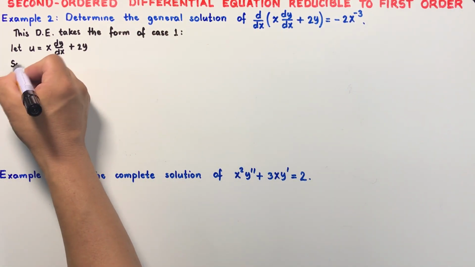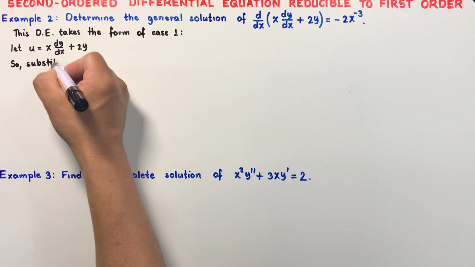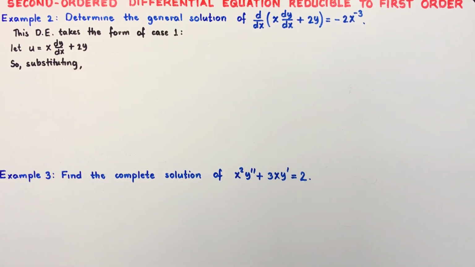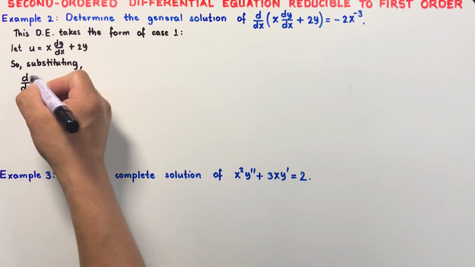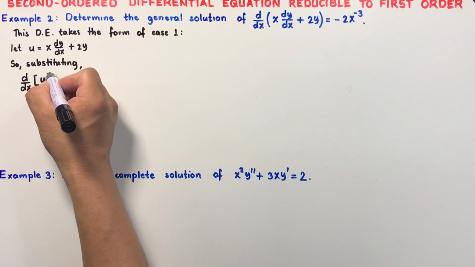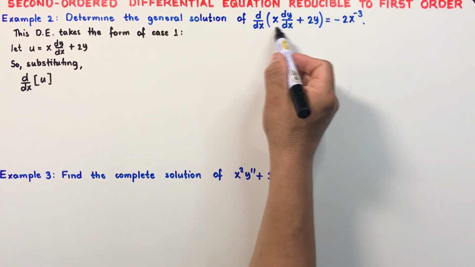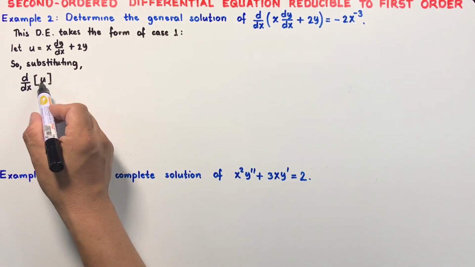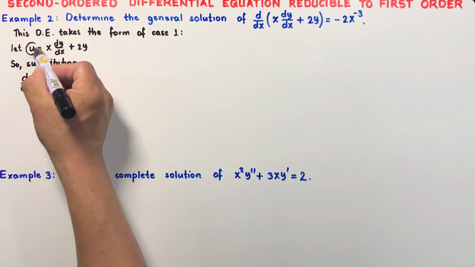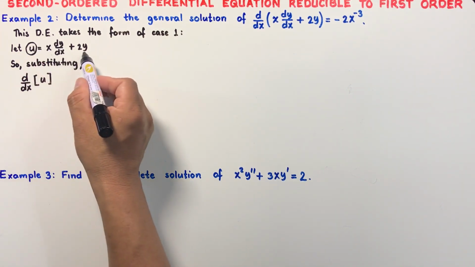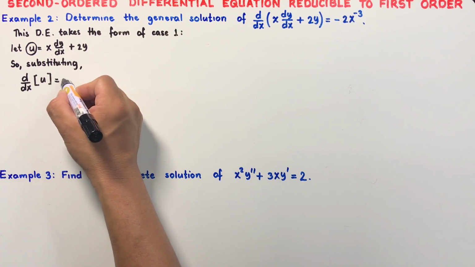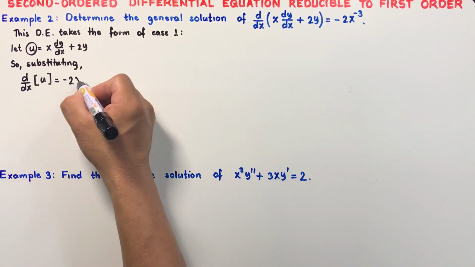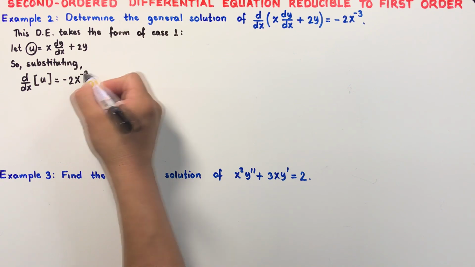So substituting this representation to the given differential equation, we have the derivative of our u, because instead of writing this one, I will write u, which is my representation of what is inside the parentheses, and this is equal to negative 2 times x to the power negative 3.